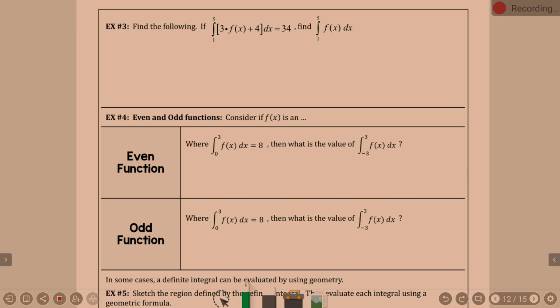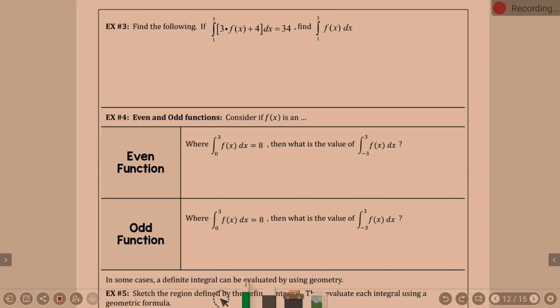So I'm going to start with this integral right here, the big one from 1 to 5 of 3 times f of x plus 4. Let's break it apart using our rules. If we break it apart using our rules, we're going to have two integrals, yes? The integral of 3 times f of x plus the integral of 4. But on the 3 times f of x, what about that 3? It can go out front.